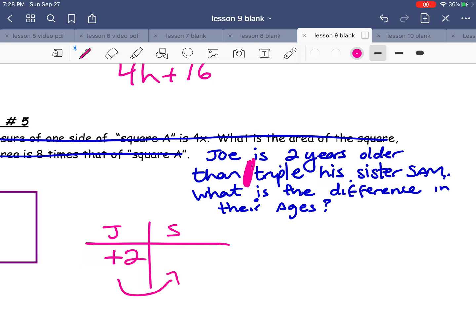That means if you're writing something under Joe, that means Sam is plain X. And if I keep on reading here, I'm comparing it to, careful, triple, sorry about that. We're talking about triple his sister's age. So triple sister.